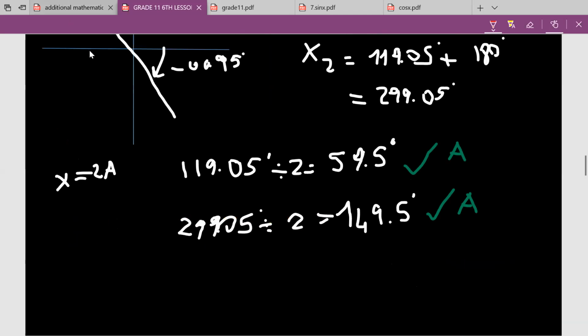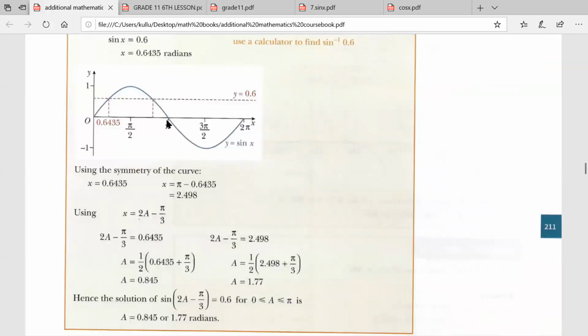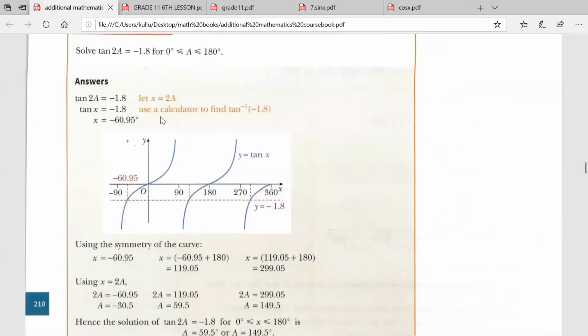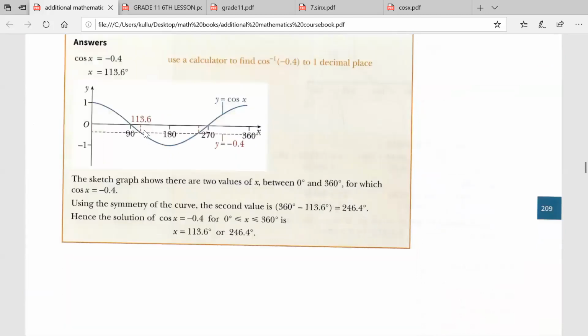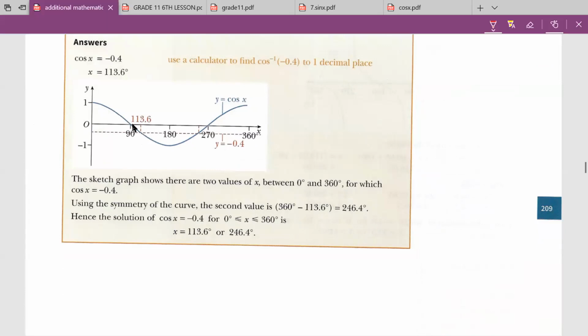So from your book, while we are waiting for a question, let me show you here. We always use symmetry. Here, for example, look at here. When cosine value is negative 0.4, our angle is 113.6 and 246.4. Here we have symmetry.